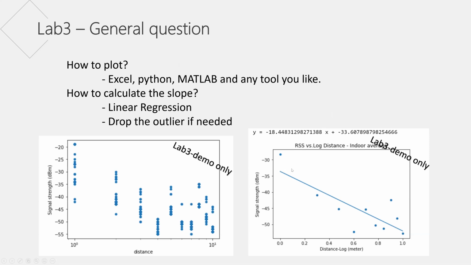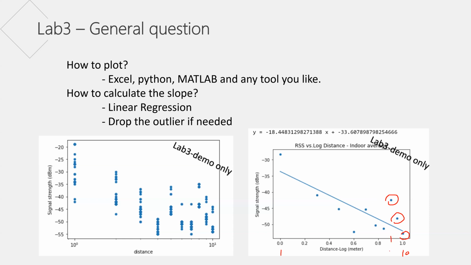And you can see here, there's some average values which do not really make sense. Do you know why? Because let's say the distance is 1 to 10 meters. So the log value should be from 0 to 1, right?